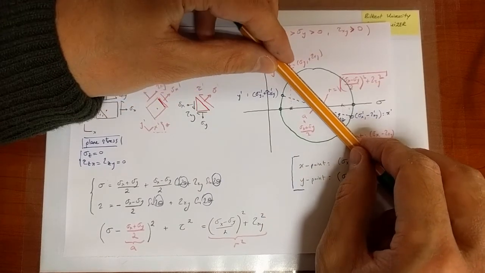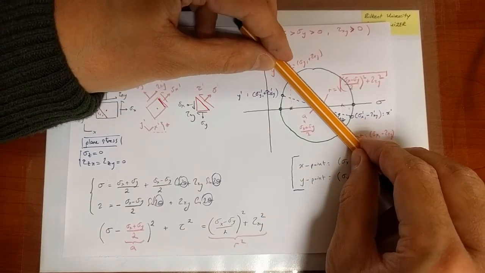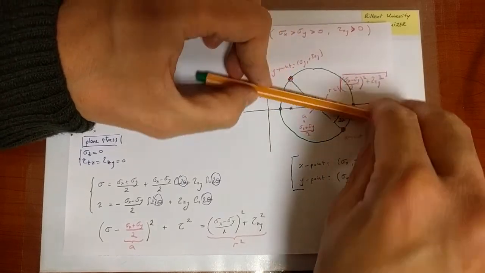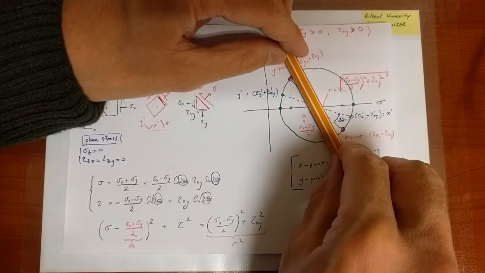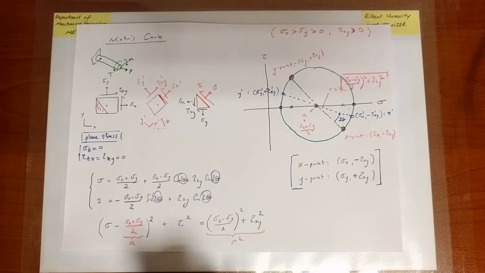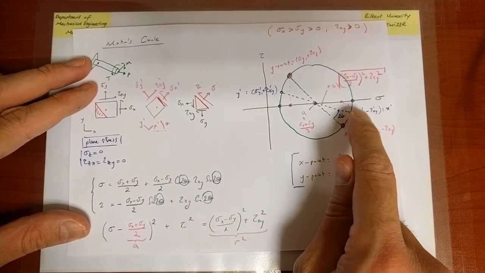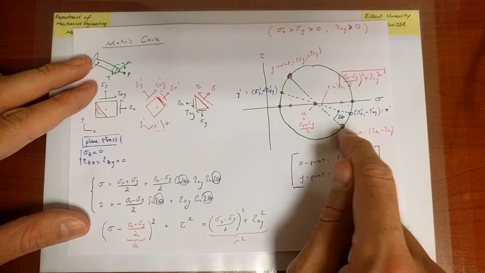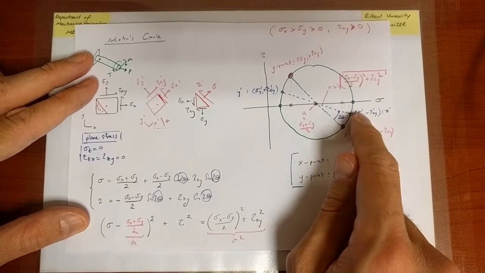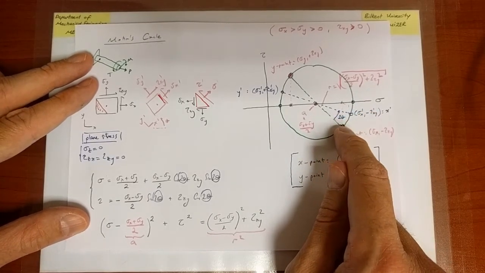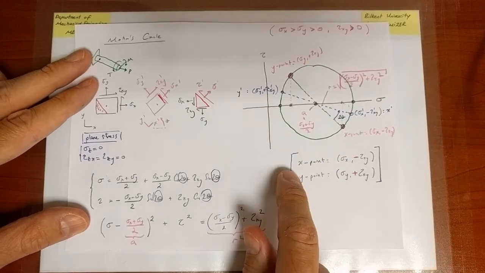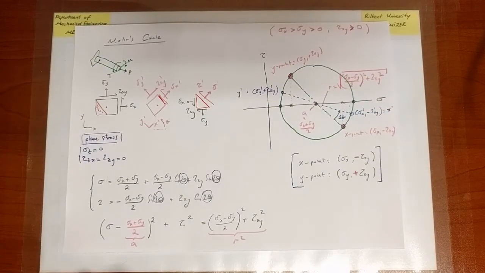So I can rotate this dial to any location I want, and I can easily calculate the new components of the stress by following trigonometric identities combined with some simple geometry, some simple algebra from the location of the points and the fact that they lie on a circle.